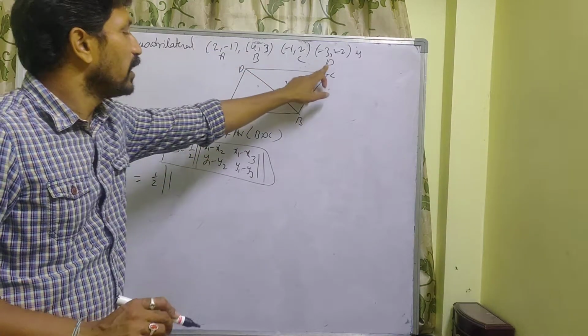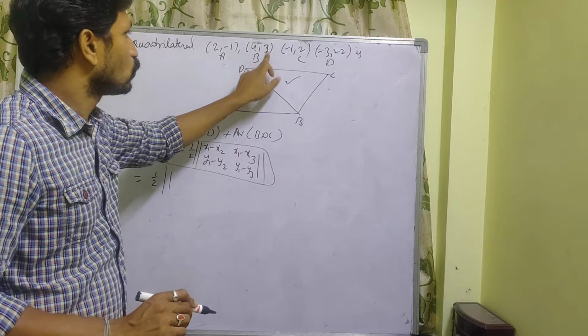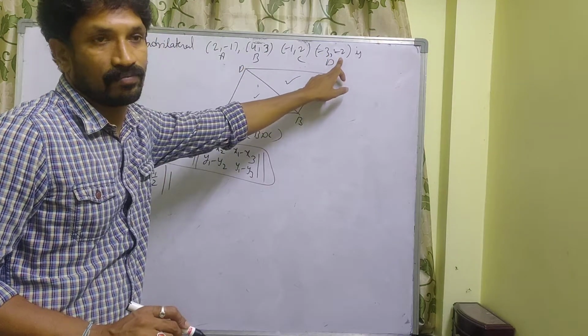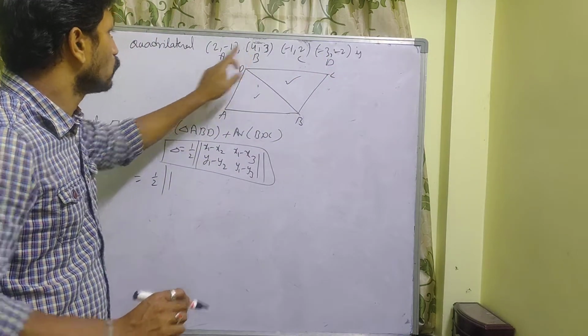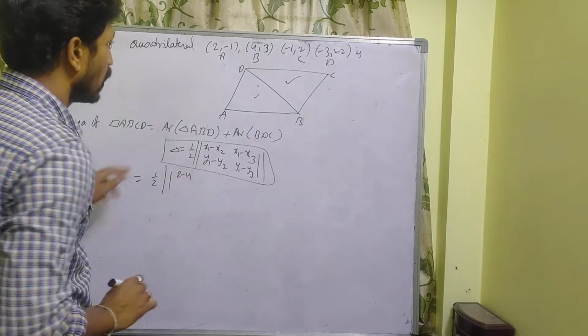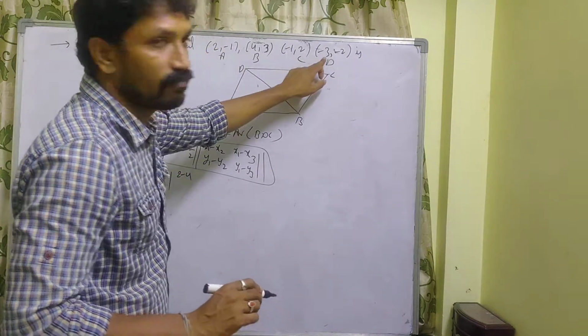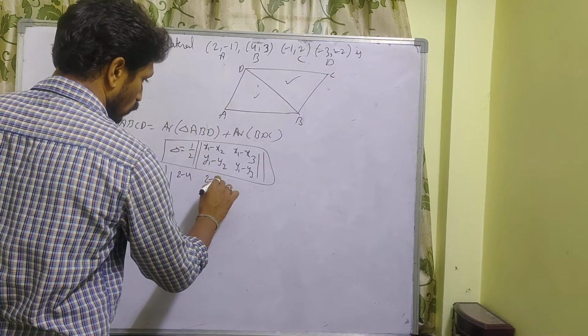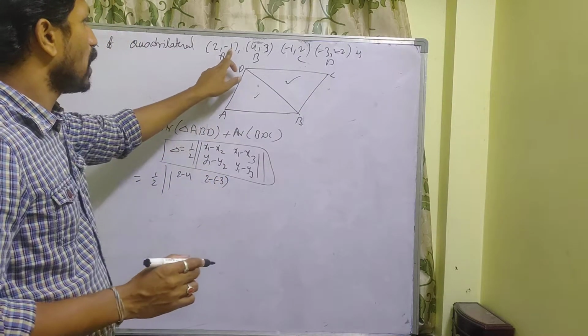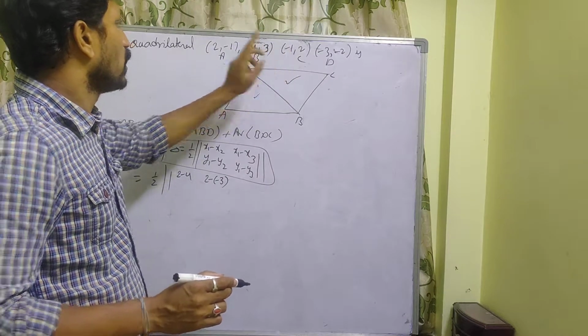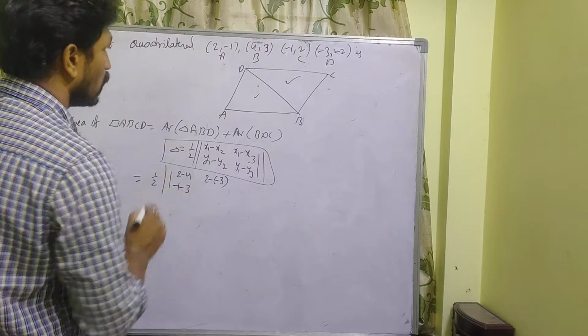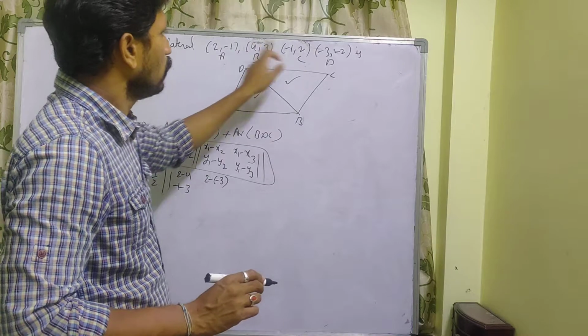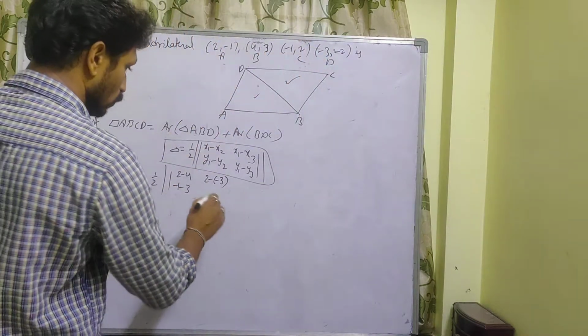So for ABD, you take x1 y1, x2 y2, x3 y3. Okay, so 2 minus 4, next 2 minus of minus 3, 5. Next one, minus 1 minus 3. Next, minus 1 minus of minus 2.